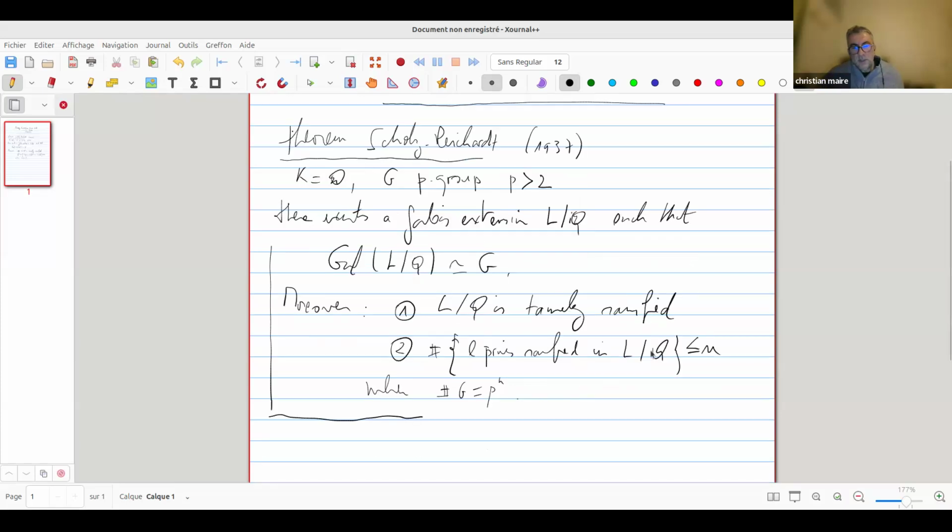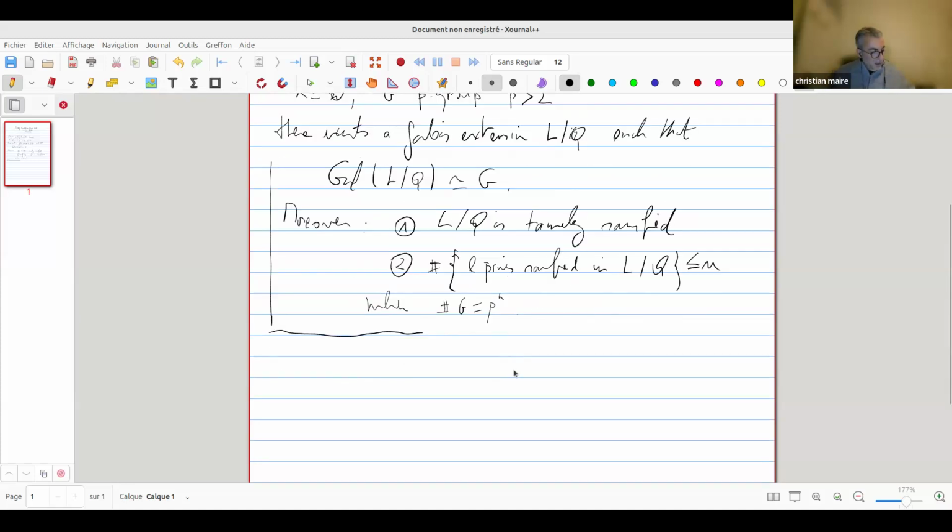In fact, if we follow the proof, we can have more. We can also control the size of the primes l, because the primes l are given by the Chebotarev density theorem in some governing field. So the construction is relatively explicit in a certain sense. Of course, for p equal to 2, we know now it's a theorem, but this is due to Shafarevich, where there was a small mistake coming from group theory.